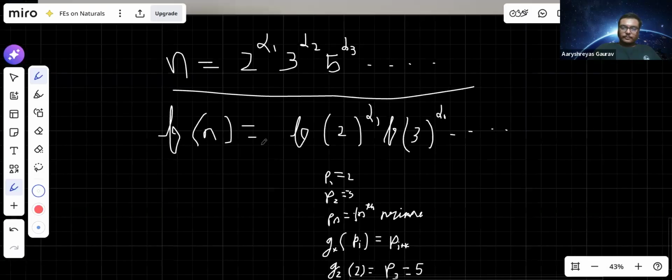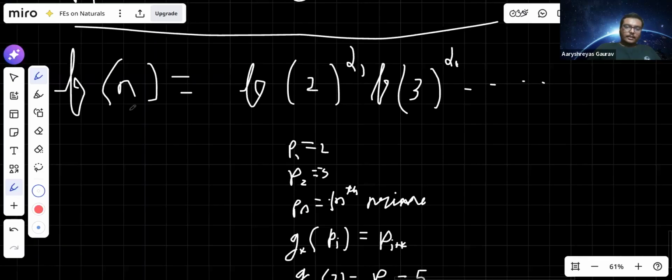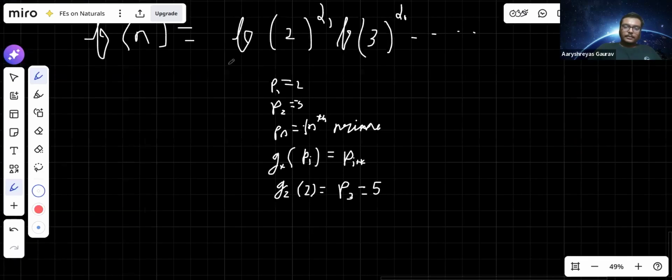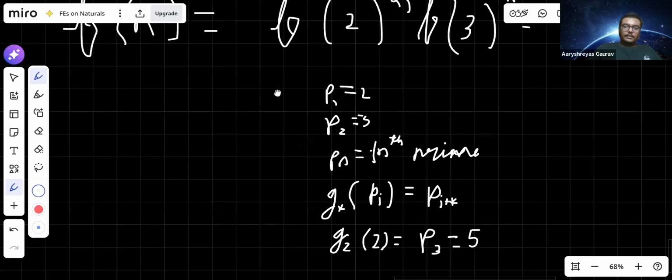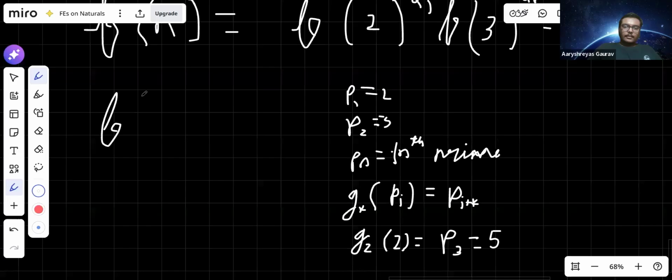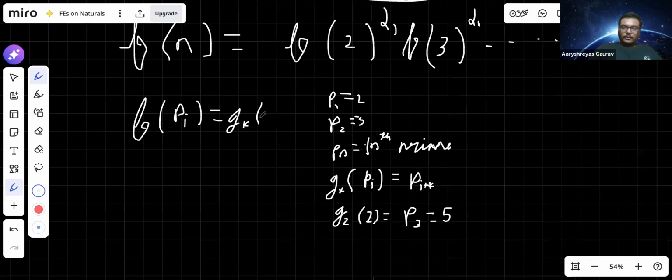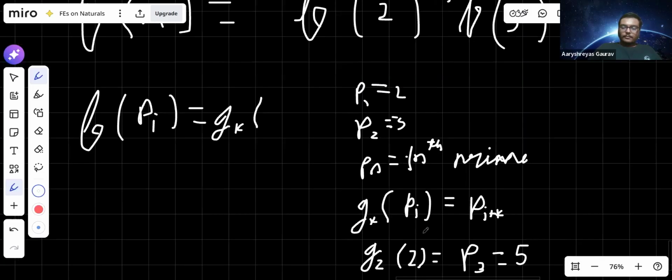So just to tell you that there are infinitely many functions, I can just replace this thing and say f of Pi is some Gk of Pi.